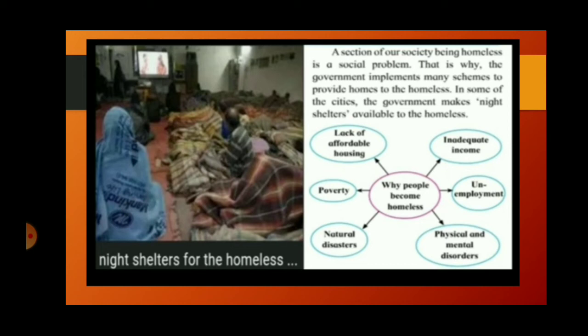So all these things are responsible for people's homelessness, because all these things affect them.